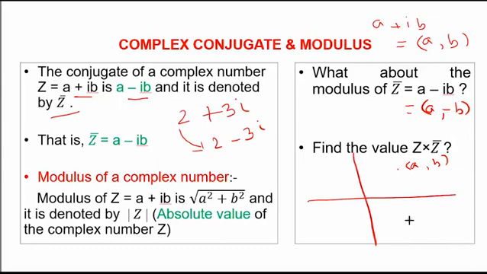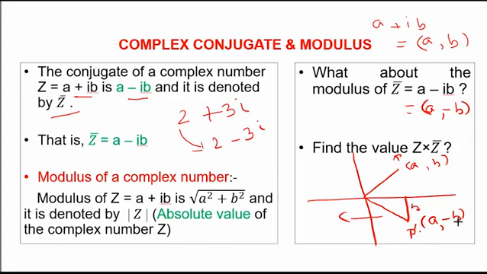So plot a comma minus b, where it will be like an image of the point a comma b. So here a, this is down, the negative of the y axis, that means minus b. So I take it down and join this point P dash. This is the point P. So OP, as we have just seen, is square root of a square plus b square. What is the length of OP dash? OP dash is by the same method, because if you draw a line perpendicular from P dash to the x axis, the distance is b only.